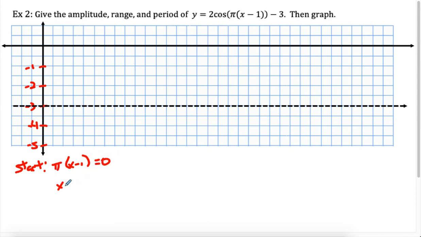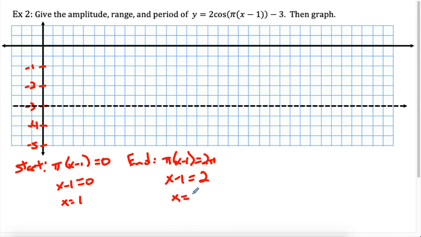Divide both sides by pi, add 1 over, and we just get x equals 1. Then my ending value is going to be pi times x minus 1 equals 2 pi. Divide both sides by pi, and we'll get x minus 1 equals 2. Add the 1 over, and we get x equals 3.